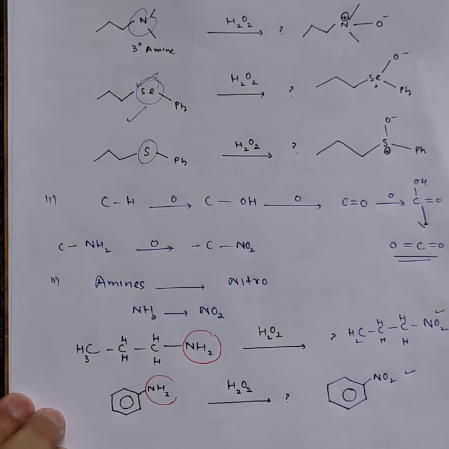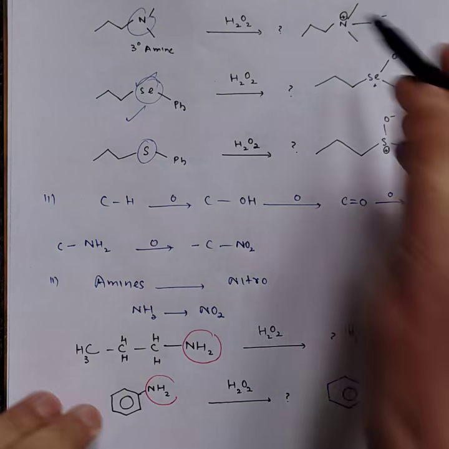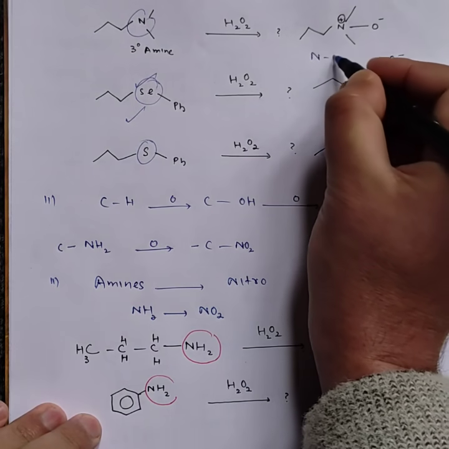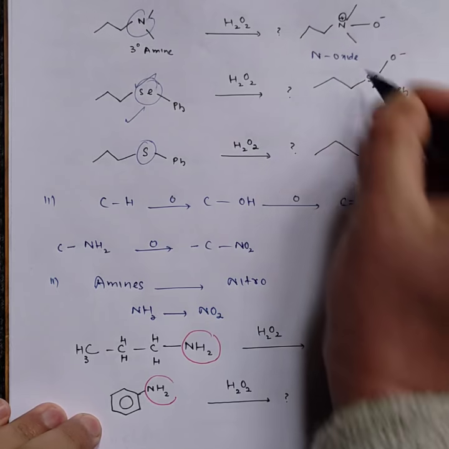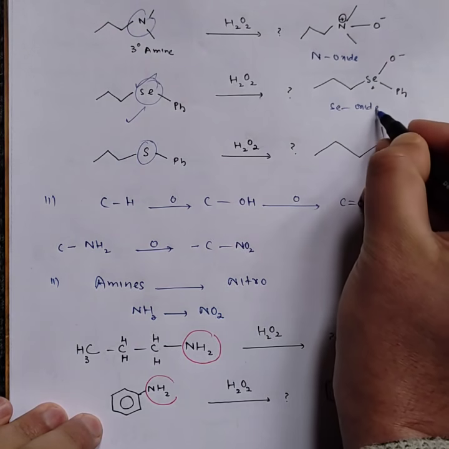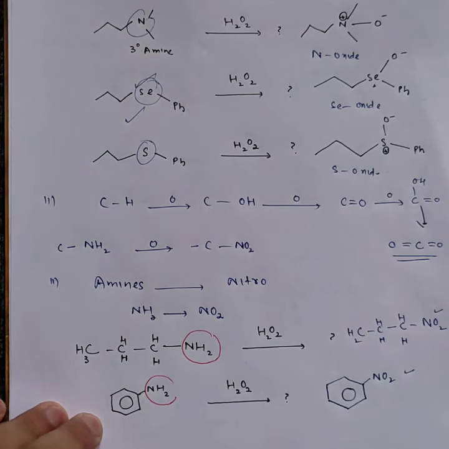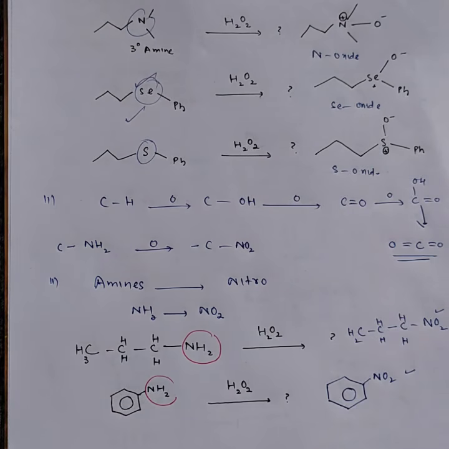I think that mechanism is not required as far as the competitive exams are concerned, so do not worry about it. We have to remember that it converts tertiary amines into nitrogen oxides, called N oxide. It converts this into selenium oxide, and this is sulfur oxide. So that we can remember. And then it also converts amines into the nitro compounds when we use peroxide in the neutral form.